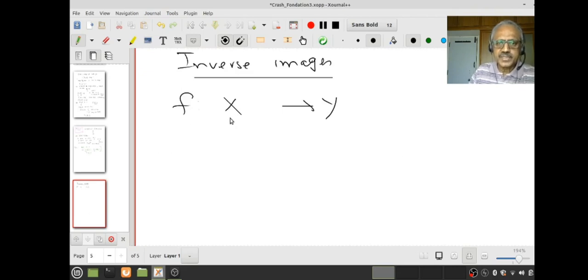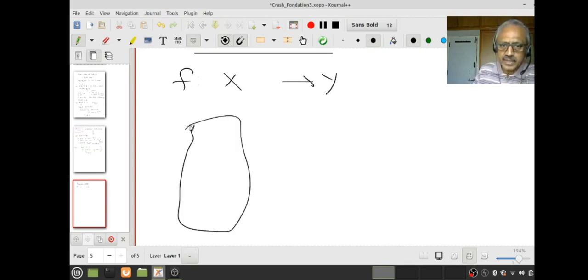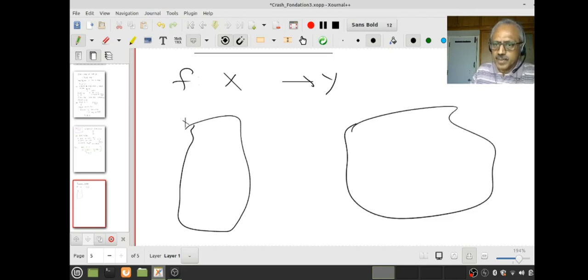I started with a subset A of X, and then I created a subset f of A, a subset of Y. Now we want to do the other arrow. What do you think I should do? Yes. So let us look at a picture. Let me write it. So this is my X, and this may be my Y, and this is my B. What I am looking at is the set of.